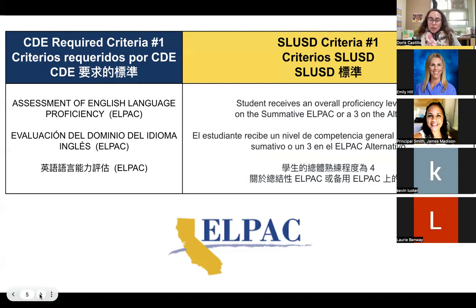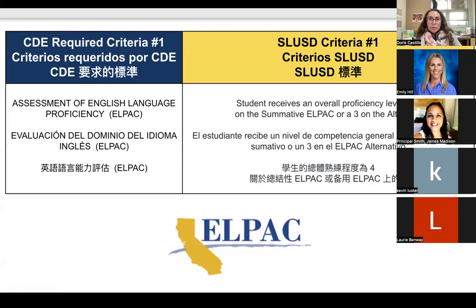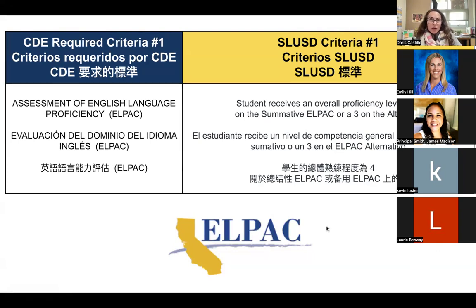So your students are typically tagged in California as an English learner, and they work towards proficiency to get reclassified as proficient English speakers. And so the state provides us with 4 criteria, and we can kind of model a little bit to the needs of our students based on standards for the last criteria, but for the most part, they handle criteria 1 through 3. So the first criteria is the ELPAC.